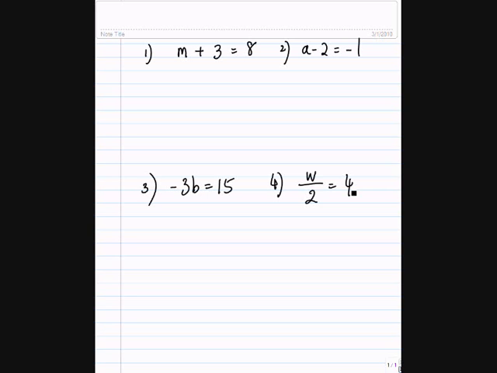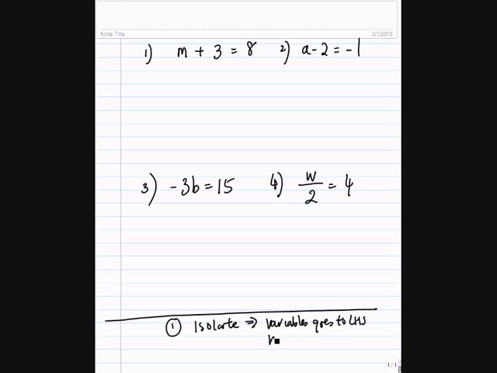Alright, so in order to solve an equation, the first thing is you need to isolate. What do I mean by isolate? That means all your variables go to the left hand side and all the numbers to the right hand side.